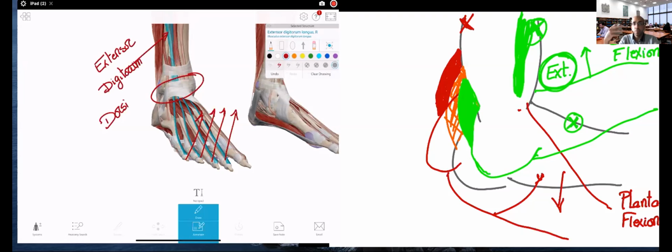I'm going to the toes or the fingers, I'm called digitorum. But we did see, if you remember, in the forearm, we've got an extensor digitorum. So how would I differentiate this one from the other one? This one in the leg is much longer, so we're gonna call it extensor digitorum longus.